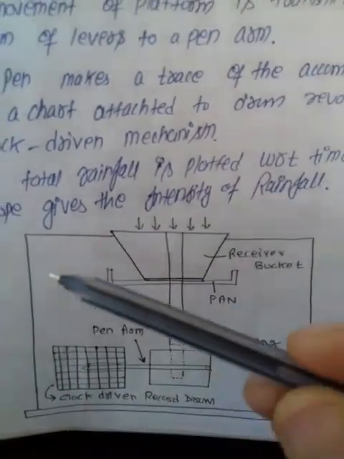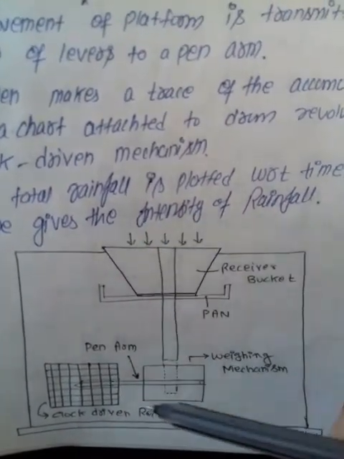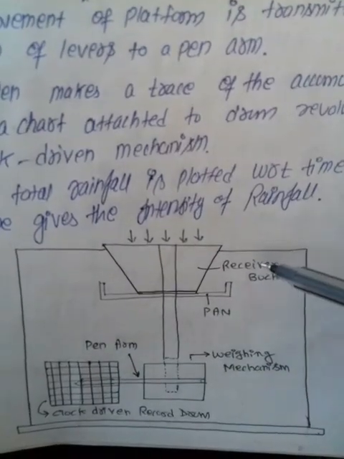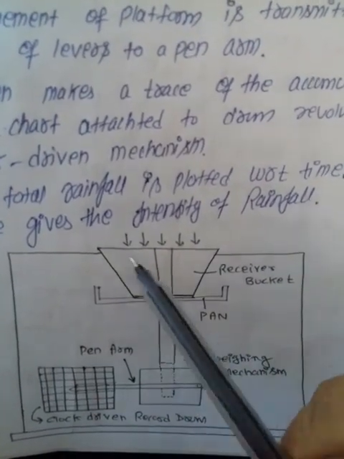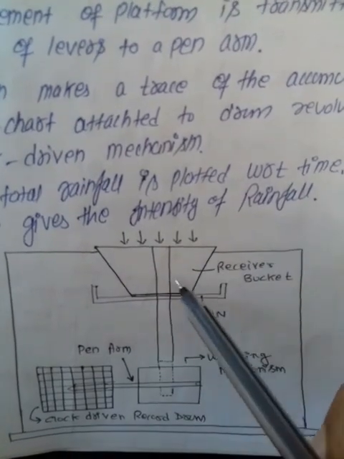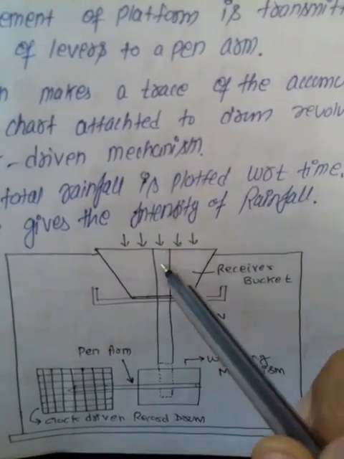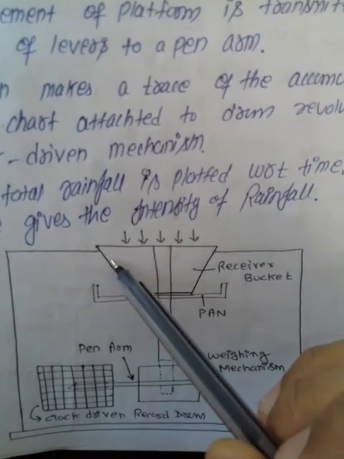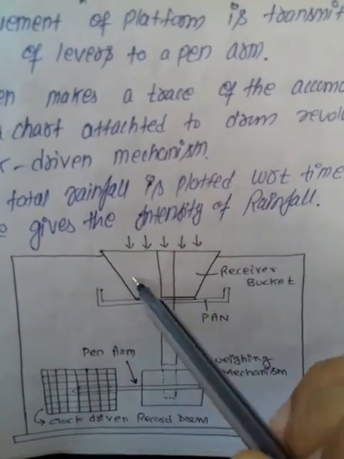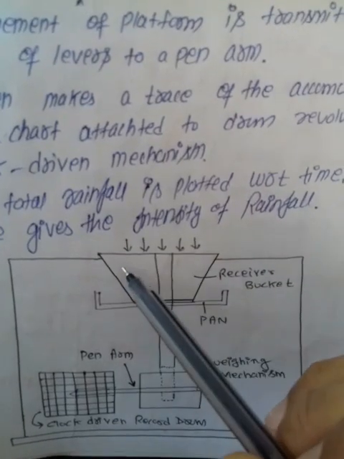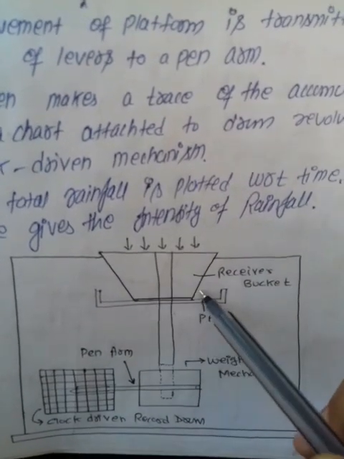This is the figure of the recording weighing type rain gauge. In this figure, a receiver collects the rainfall. After the rainfall is collected to a certain height, the weight of the receiver increases.